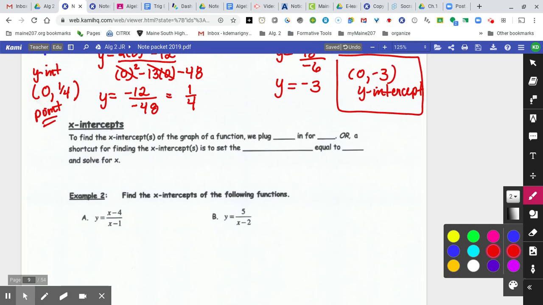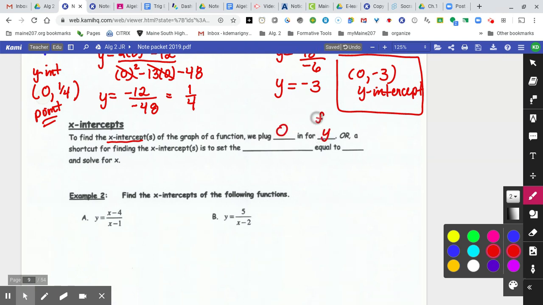Now, to find the x-intercept of one of these rational functions, we have to do something that's probably a little more challenging. To find the x-intercept of any graph, not just a rational function, we're going to plug 0 in for the y.